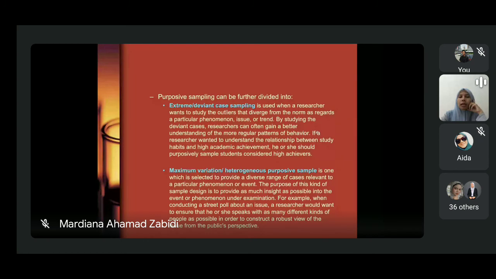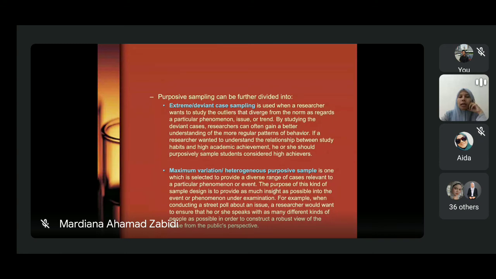Okay, if a researcher wanted to understand the relationship between study habits and high academic achievement, contohnya, so he or she should purposely sample students that are considered high achievers. Okay, and then another purposive sampling, the second category is maximum variation ataupun heterogeneous purposive sample, whereby this one is selected to provide a diverse range of cases that are relevant to a particular phenomenon or event.